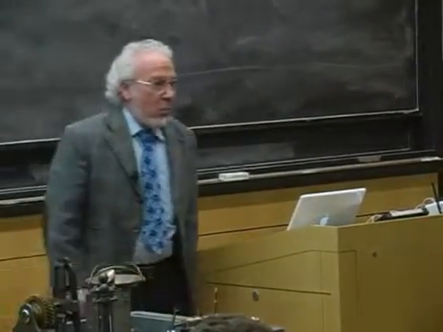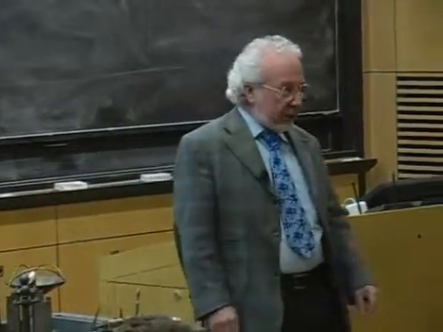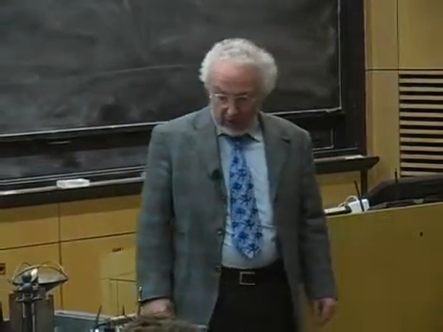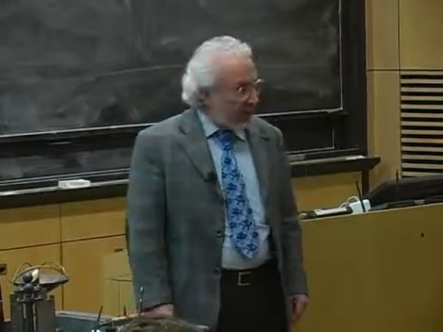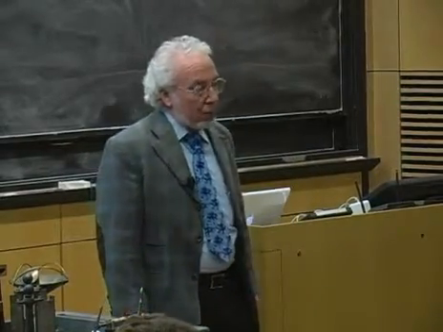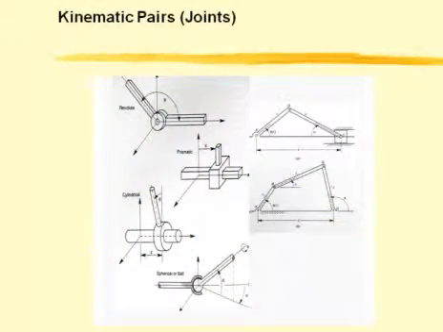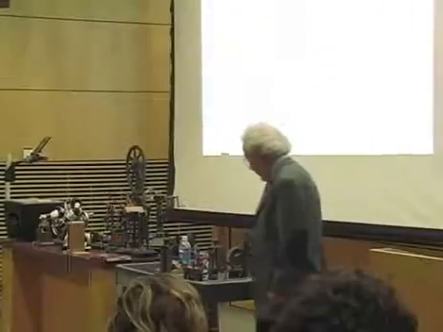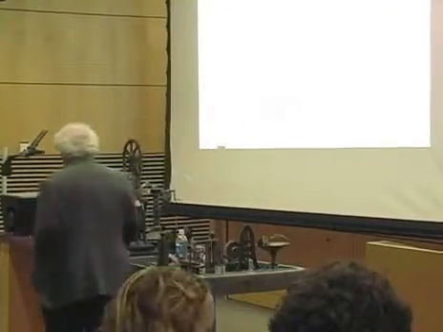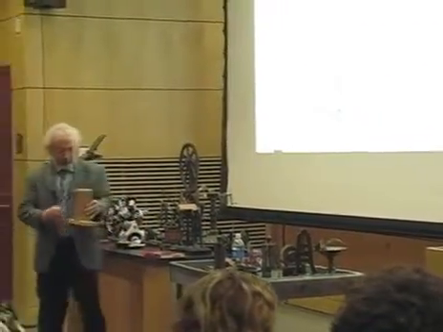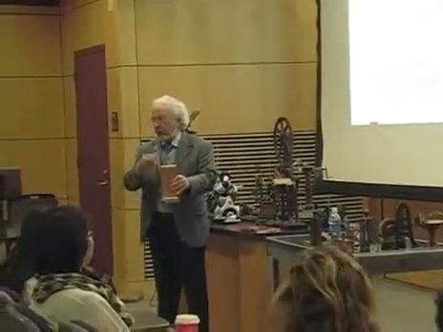Now, when we talk about machines, often we talk about a series of rigid bodies that are connected by joints. And the type of joints that we have here are, I'll get over here. So we have a joint, for example, that restricts the rigid body to rotary motion.